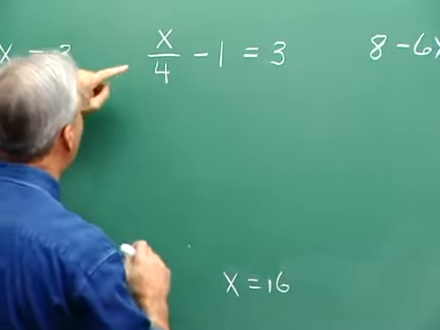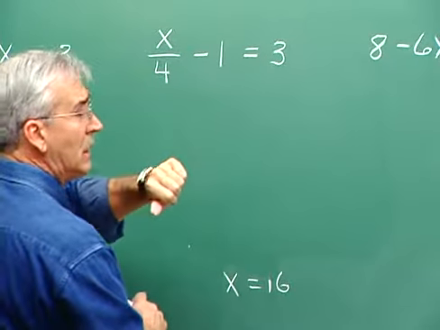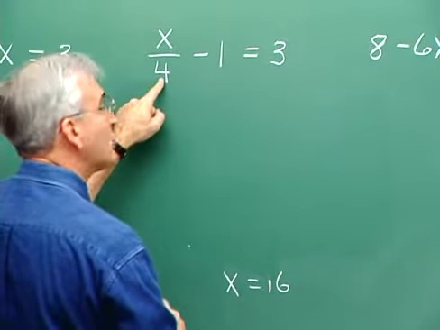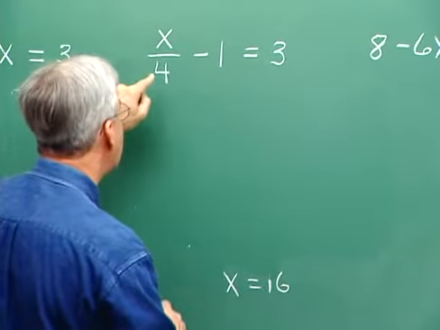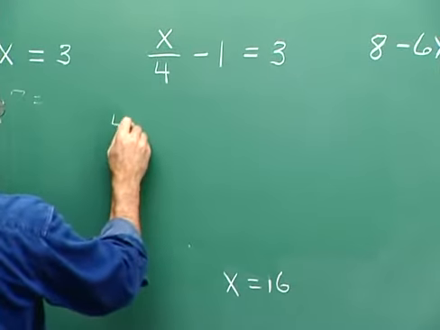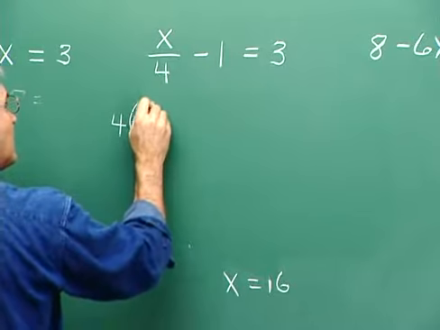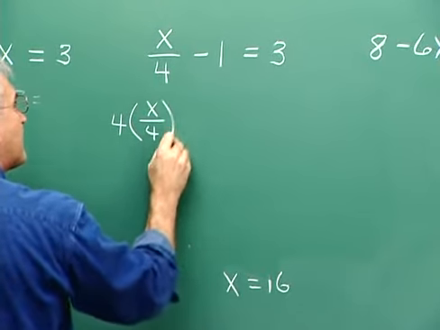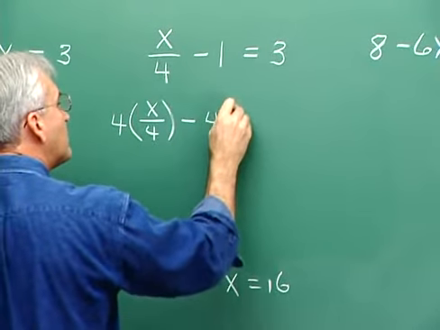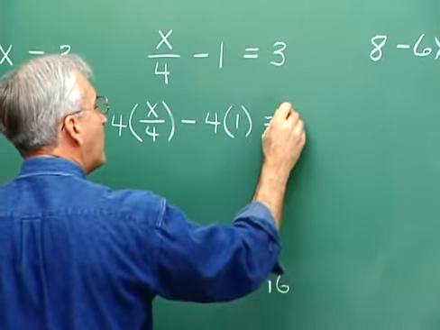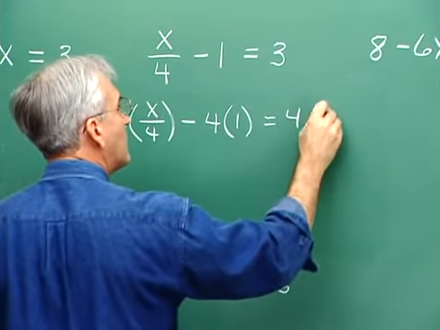That is, I'd like to get rid of the fraction first. And to get rid of that fraction, I multiply through by this denominator. So I would show that 4 can be multiplied times this term, and then 4 times this term, and then 4 times this term.